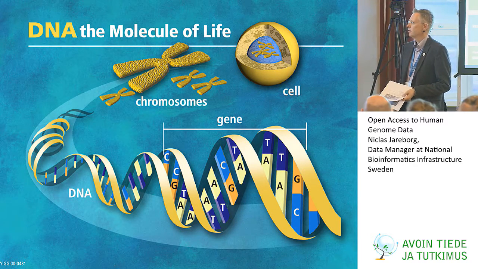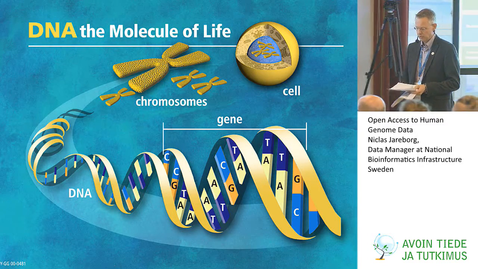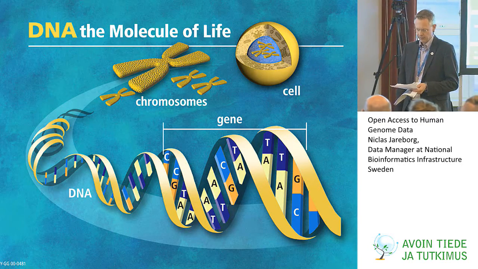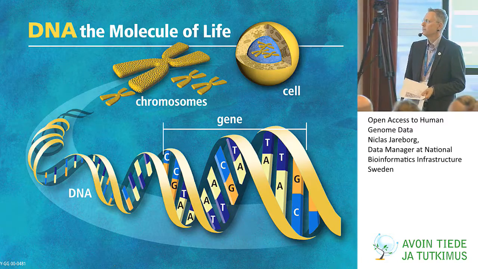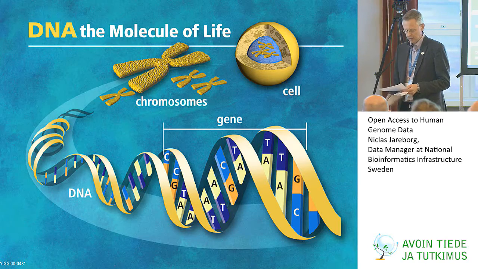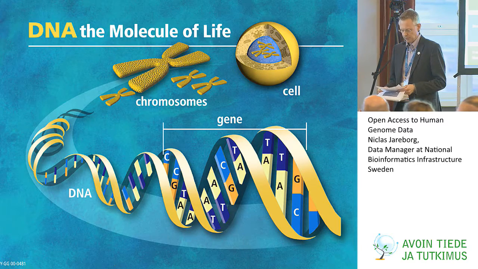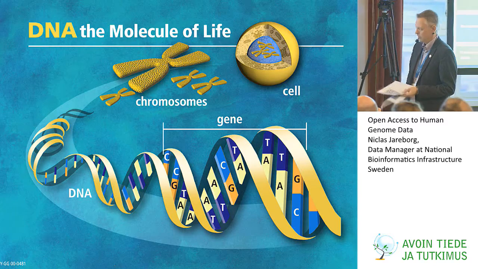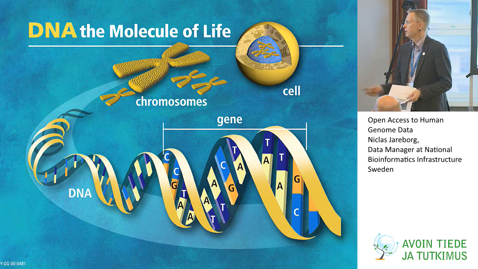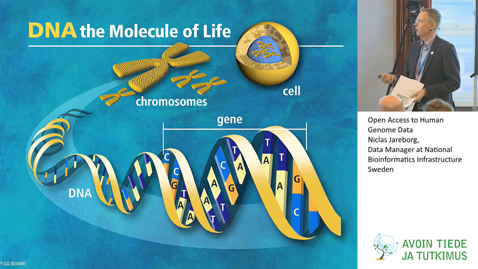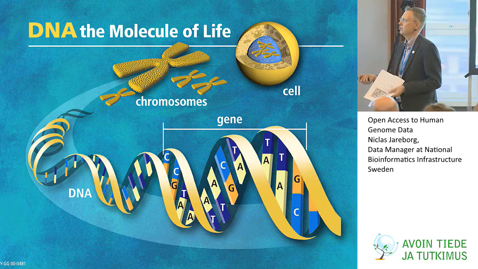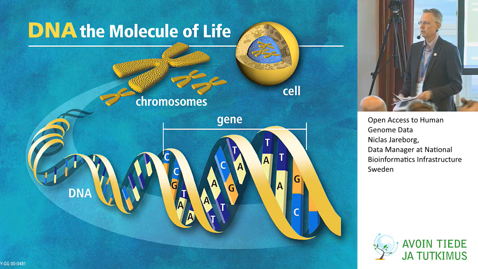It's encoded in these 23 pairs of chromosomes in all the cells of your body, made up of 3 billion base pairs, often denoted A, C, G, and T. And it's the composition of different genome sequences that affect the probabilities of acquiring or resisting disease, for example, being the consequence of the variant of one gene or multiple genes, or in most cases how these genes interact with the environment that the individual stays in.